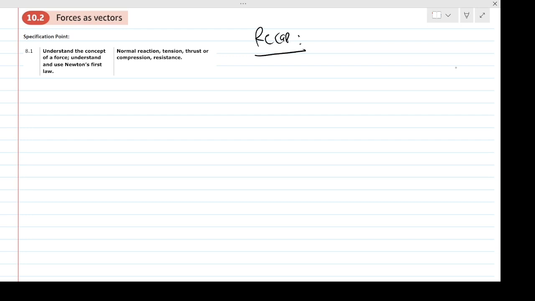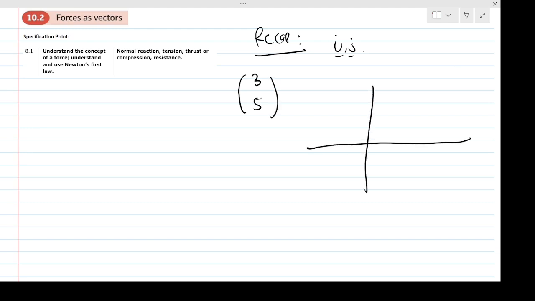Well, firstly, we can use i and j notation. So what I mean by this, well, if we just have a column vector, let's say we have (3, 5), from GCSE you'd be familiar with, if we plot this vector on an xy grid, well, 3 across, so it'd be 3 here, and 5 up, so it'd be up here.